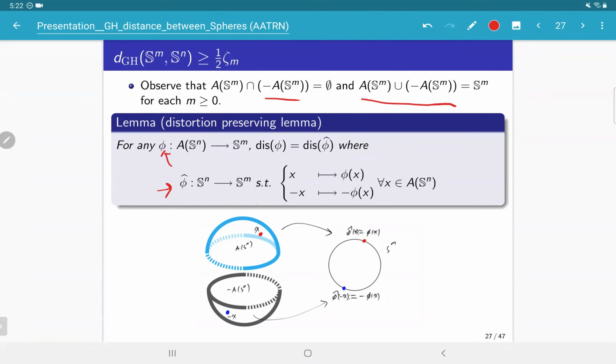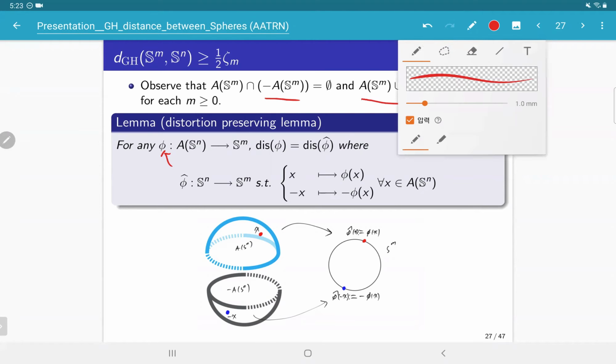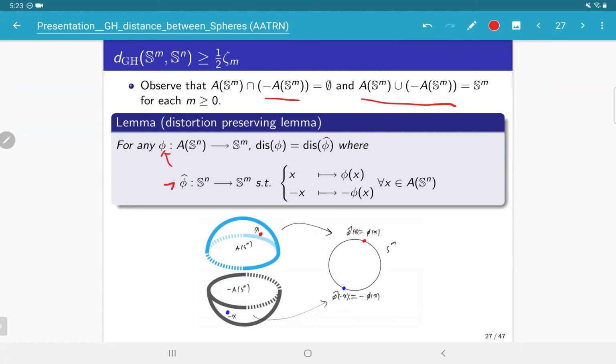But if the input is minus x, in other words, if it is contained in minus A of Sn, then the output is minus phi of x. In this way, we can define phi hat. So one important fact you can observe from the definition is that this phi hat is antipode preserving.